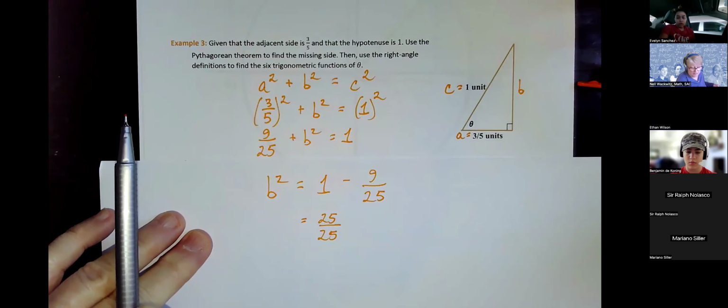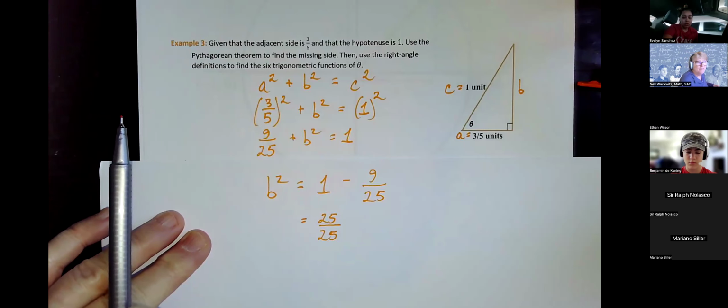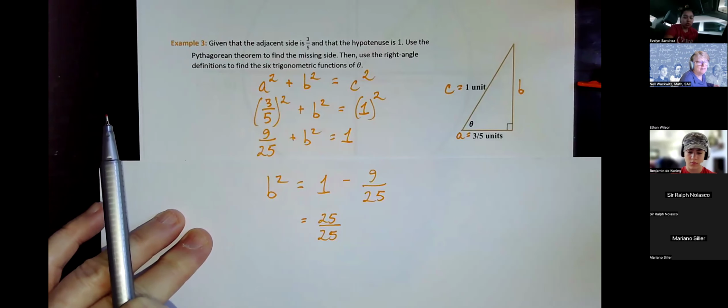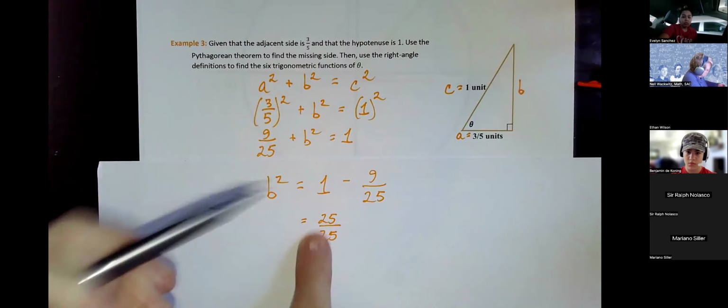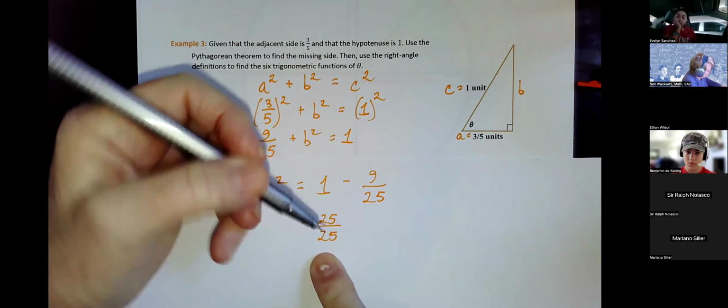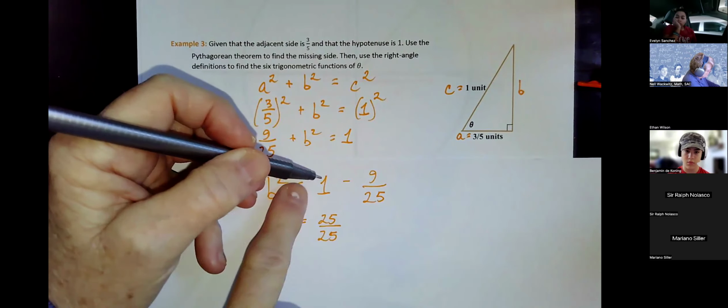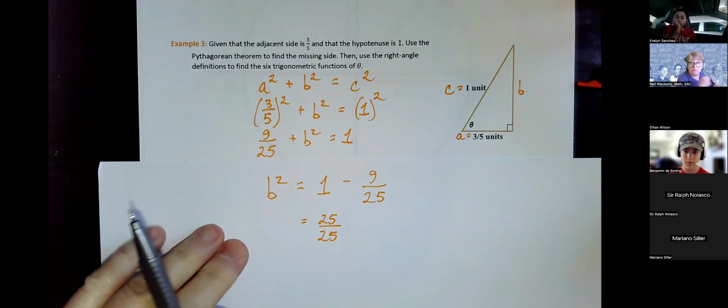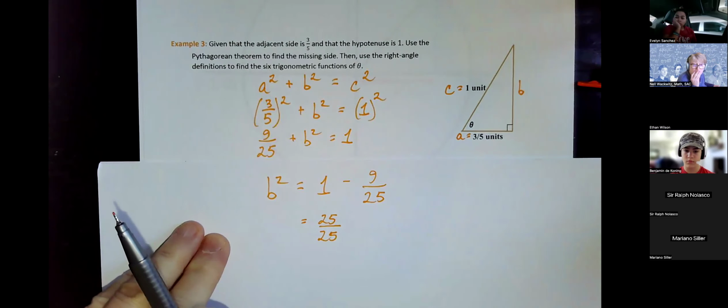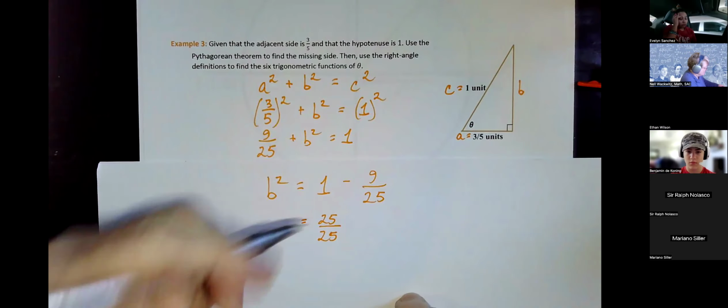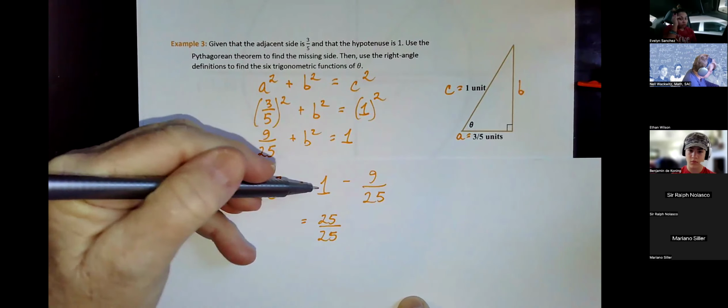And so far I see 0 people. There we go. Hey. Yes, good. Good. And not only do we have a common denominator, but why can 1 look like 25/25? Because it still equals out to what? That's right. 25 divided by 25 is 1.